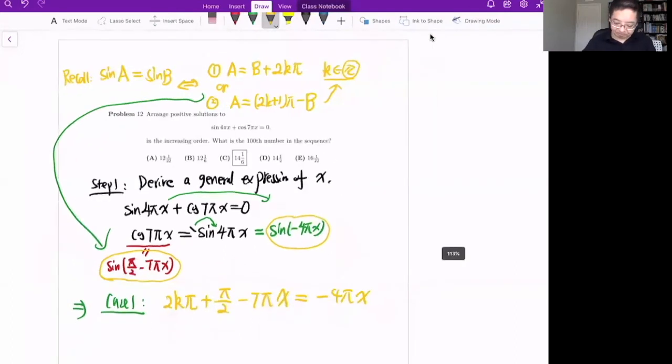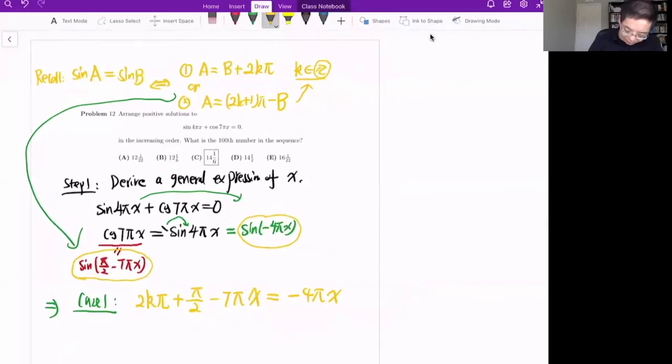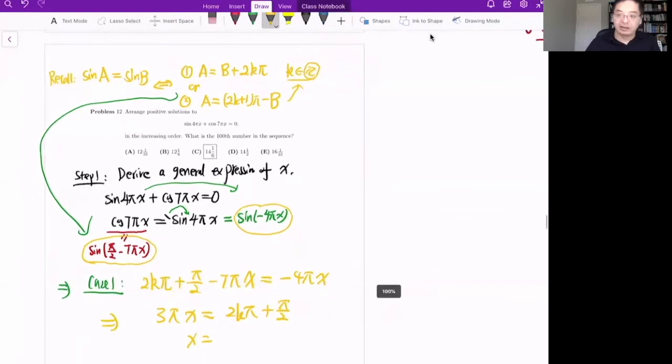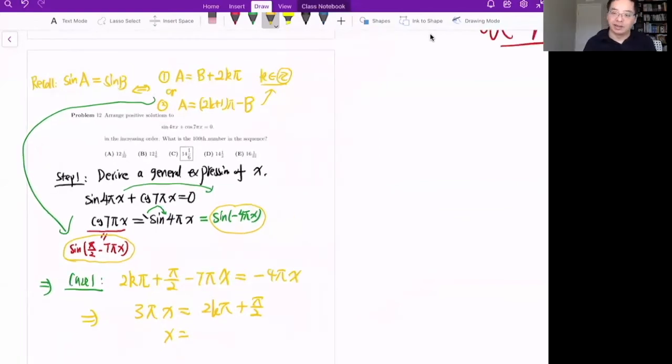Okay. So from here, we can solve: 3 pi x equals 2k pi plus pi over 2. So if I divide 3 pi on both sides and simplify the expression, this will give me x equals (4k plus 1) over 6.